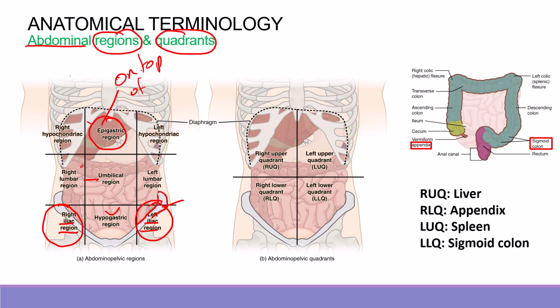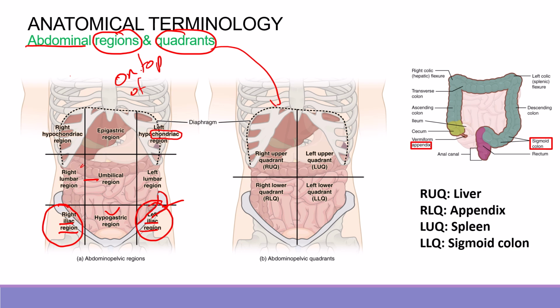And then lastly, we have the hypochondriac regions, right and left. The term chondriac refers to cartilage. In fact, chondrocytes are the cells that produce cartilage. And this part of the rib cage is pure cartilage. So the region underneath or below the cartilage is called the hypochondriac region.